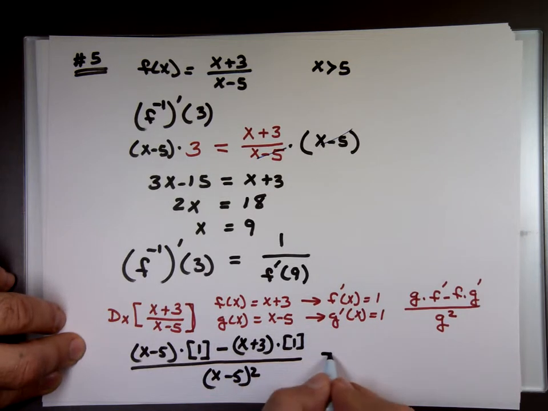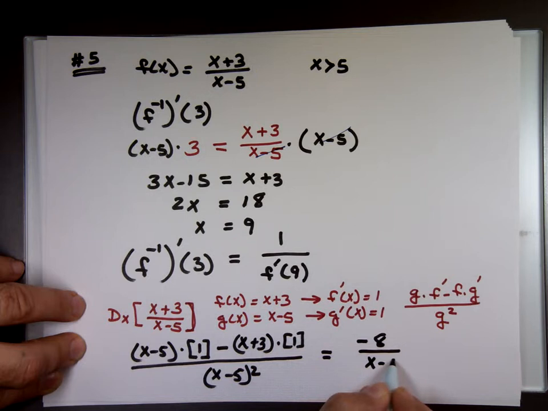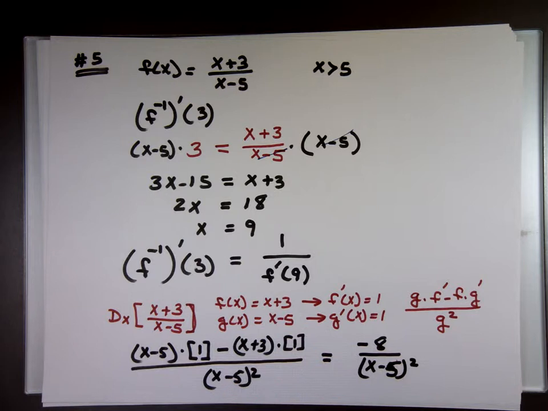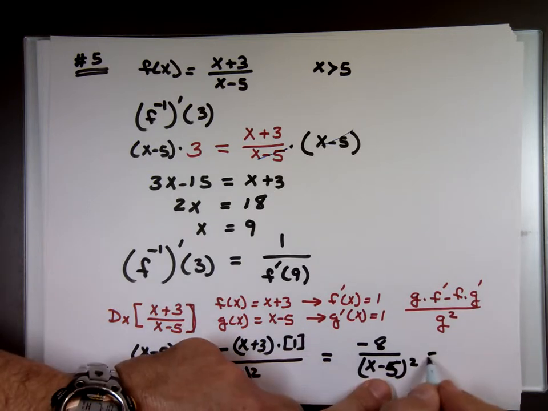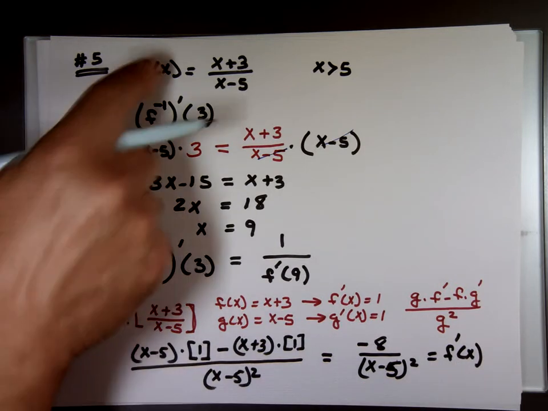And what are we going to have? Is it negative 8? So that's your f prime of x. That's the derivative of this function.